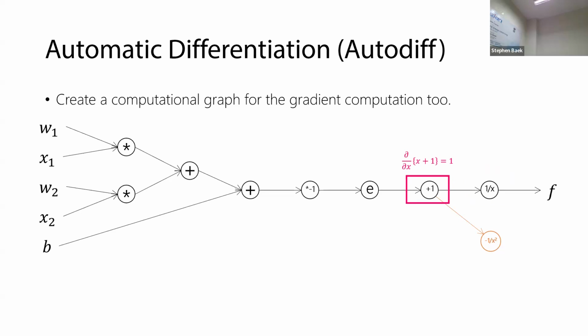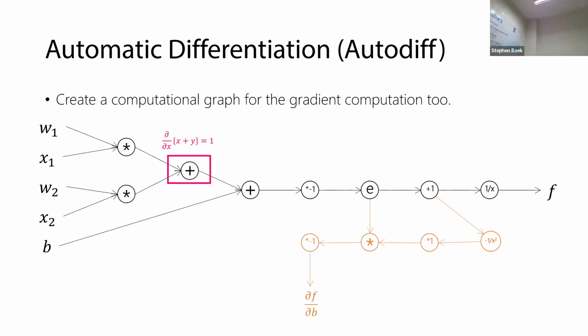For this one, the derivative is just one scalar, so nothing interesting going on, but that one is created as a node, and that gets connected to the -1 over x squared node in this manner. And then we further go backward.